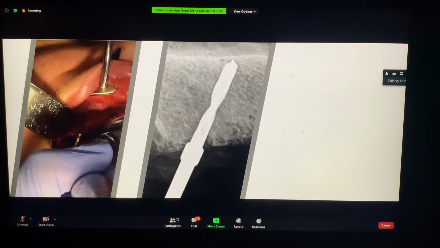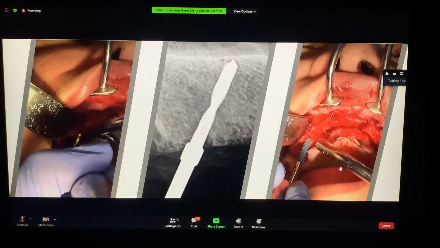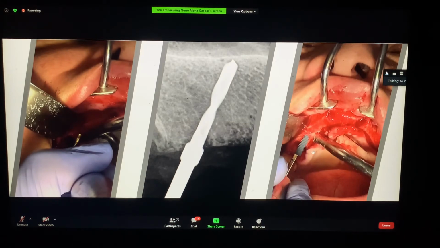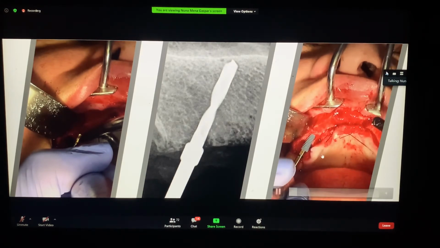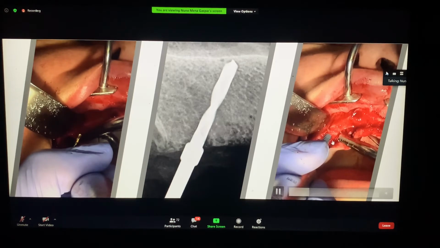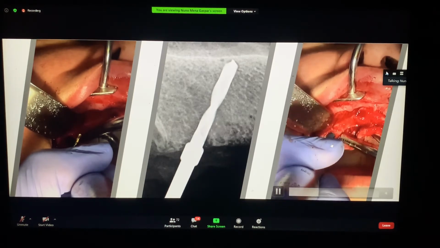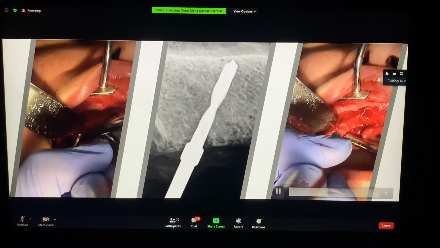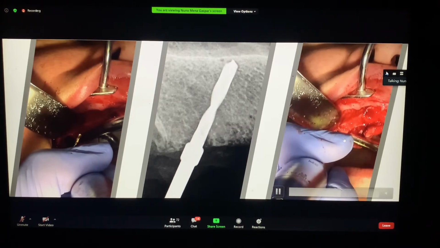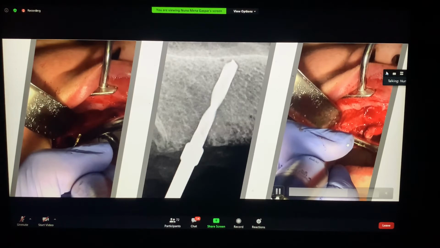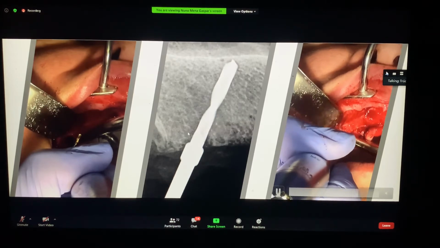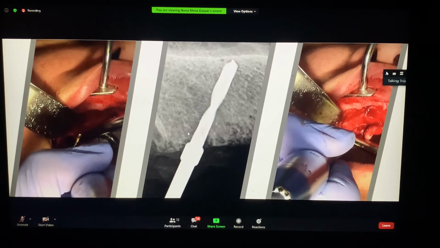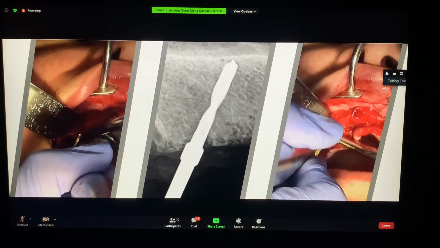Và đối với những vùng xương xốp giống như vậy. So this is 4 by 15mm Enrich, and you can see that it goes even in soft bone, it goes very well and stops at 40 newtons. Đối với những vùng xương xốp giống như vậy thì thật sự rất là khó đạt được độ vững ổn tốt, nhưng mà đối với implant Enrich thì nó là một sự khác biệt.